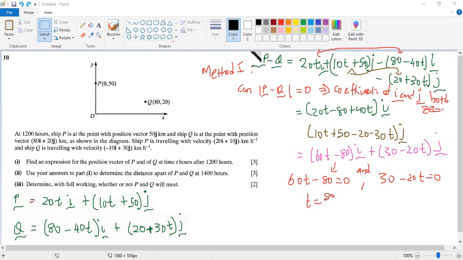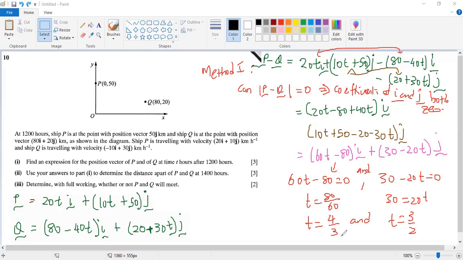Then t is 80 over 60, or t equals 4 over 3 hours. Here we do the same: 30 is 20t, so t equals 3 over 2. Because they are at different times, that means a contradiction.